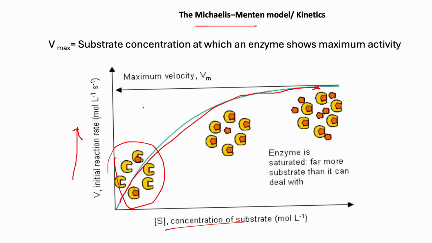That is the substrate concentration at which the enzyme shows maximum activity. In this state the enzyme is saturated, meaning all the substrate that can react with the enzyme is saturated. That's why this is the maximum, and after that the velocity will decrease because there is no substrate remaining to bind with the enzyme.